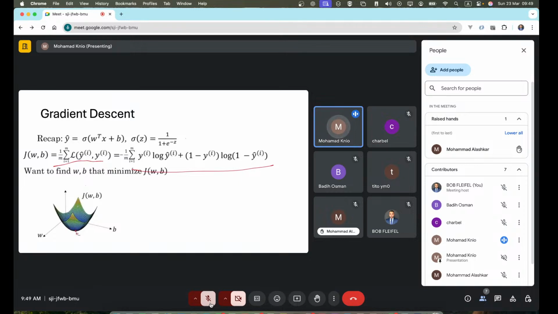We'll talk more in detail next time and explain gradient descent. Gradient descent is one of the most important things that you'll do in machine learning, so you're going to be implementing gradient descent a lot. I will talk about this next week. All right, thank you.